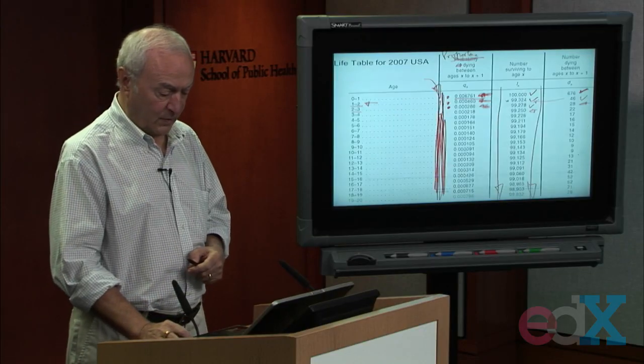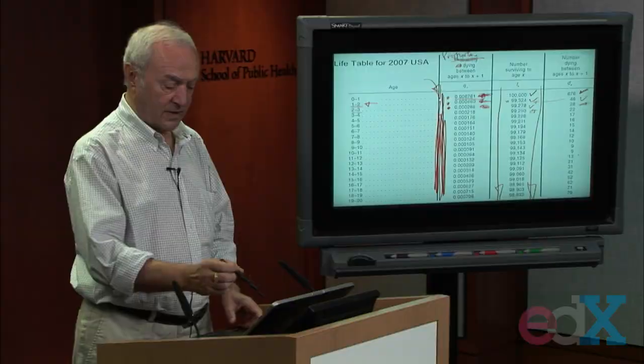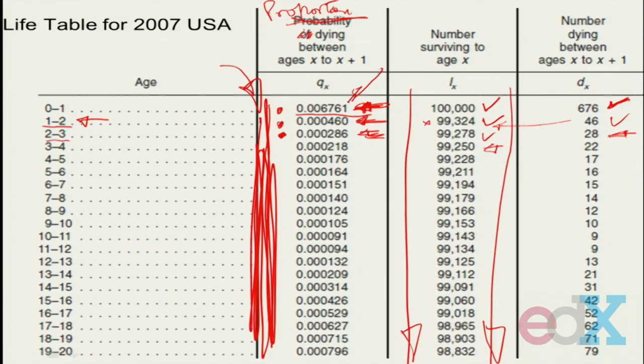Now Halley, I should add that Halley made one extra assumption. You see, when we calculated this proportion dying, to get that number we have to know how many kids are in the population, how many were born, how many died. He didn't know that. He didn't know how many were in the population in Breslau.